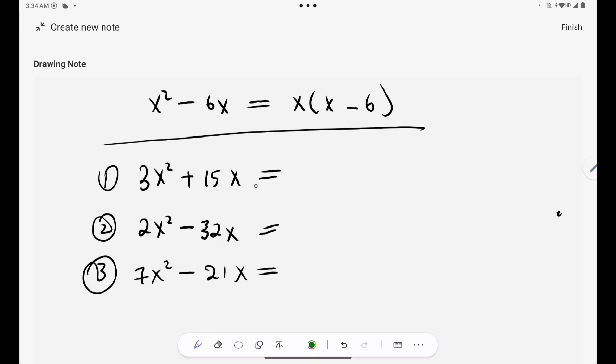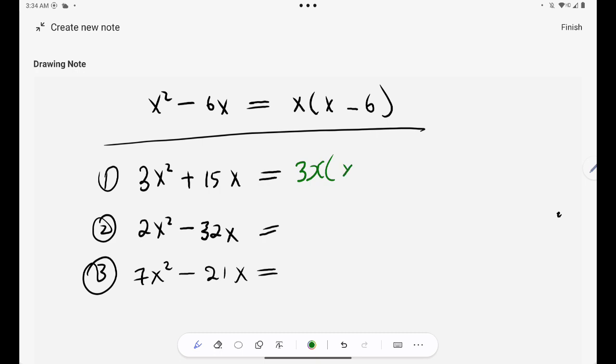Okay, for the first one, 3 is a factor of 3, and it's also a factor of 15. So 3 is common in this case, and also x is common. So take out 3x. Excuse my handwriting. When I take out 3x, I'll be left with x here and 5 there.